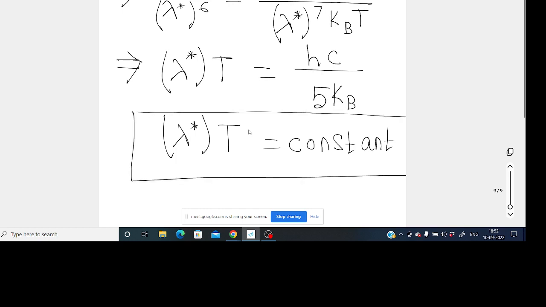Now what is this lambda star? Lambda star is the value of wavelength for which the energy density was maximum.